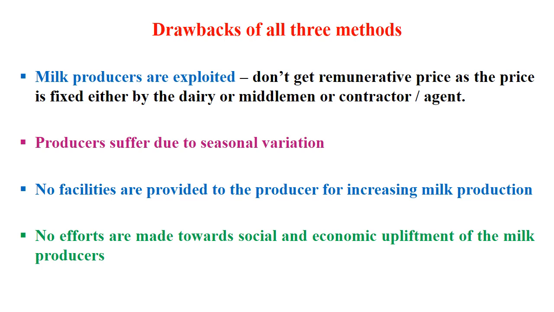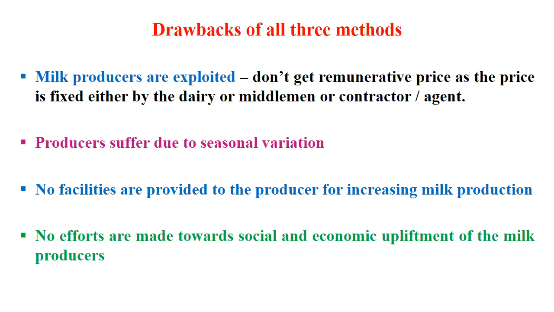The second is that producers suffer due to seasonal variation. Due to the change of season like summer, winter or rainy season, the milk production varies, and because of that producers suffer with the variation in the rate. Thirdly, no facilities are provided to the producer for increasing milk production.